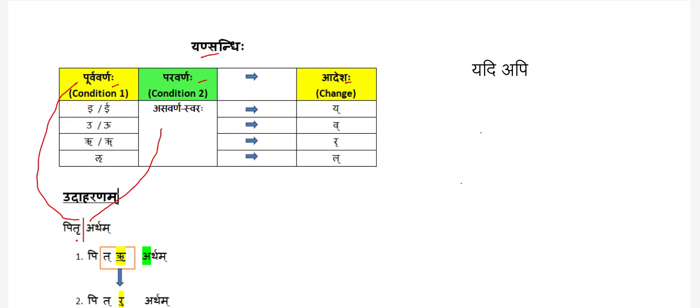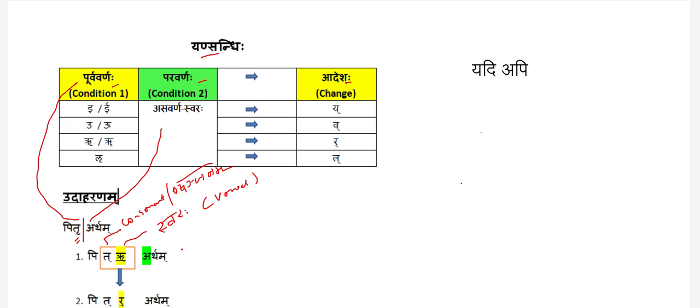In order to understand what is Purva Varna and Paravarna, if the Varna is Gunita Aksharam, which means it is a combination of consonant and vowel, okay, so this Takaraha is consonant. You know that consonant in Sanskrit is Vyanjanam, and then we have the Swaraha, which is called vowel.